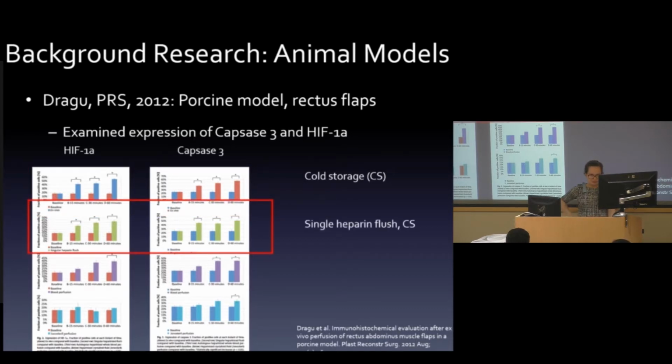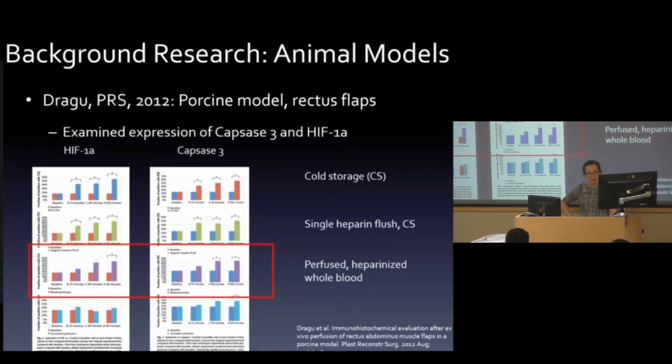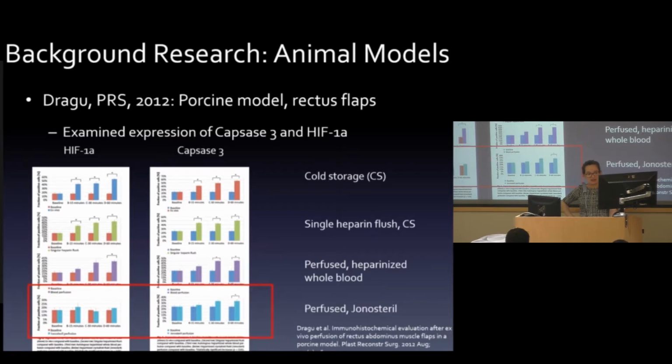And with a single heparin flush, which is our standard of care for flaps prior to undergoing ischemia time, they also found increased amounts of the protein. However, in the perfused whole blood group, they found increased amounts only at later time points. And then with perfusion solution, they only found an increase in Caspase 3 at 60 minutes and no significant difference in the other protein amounts.